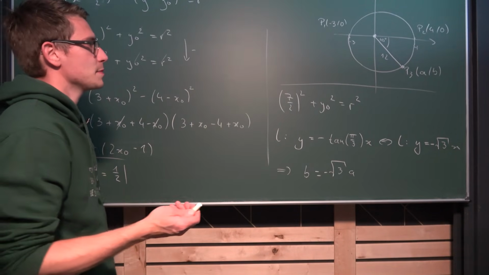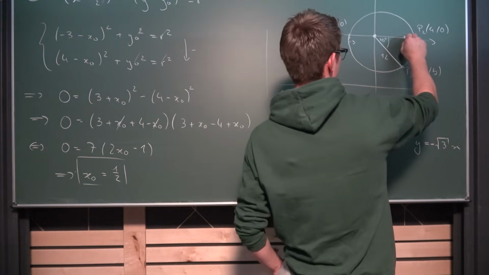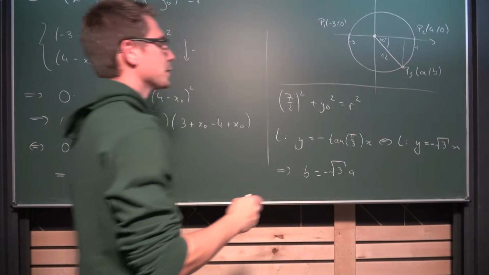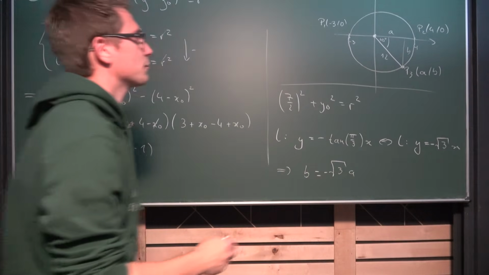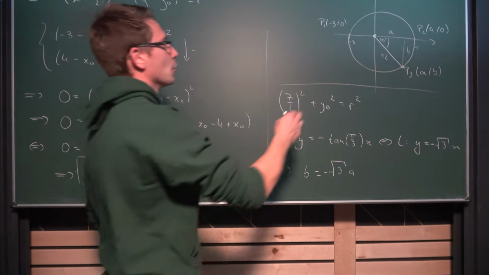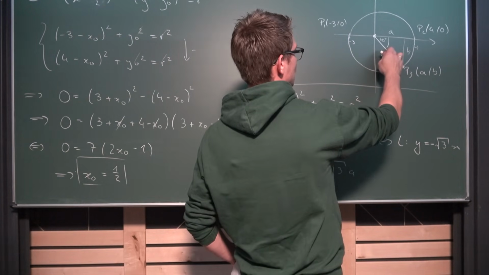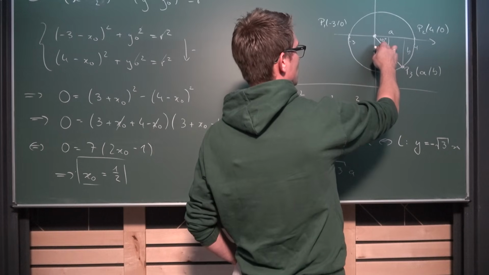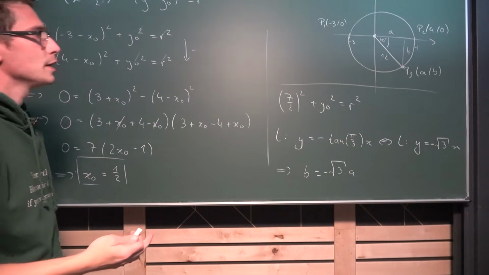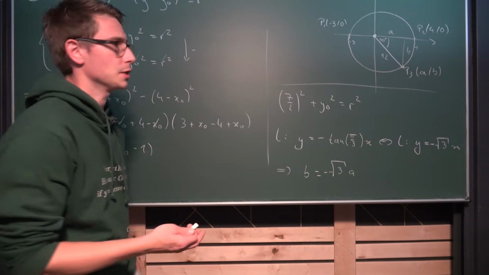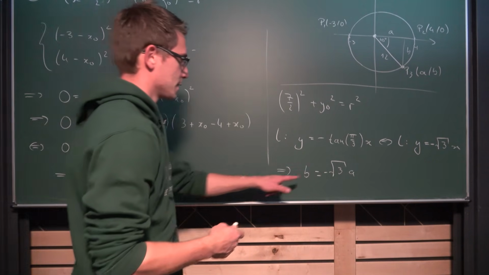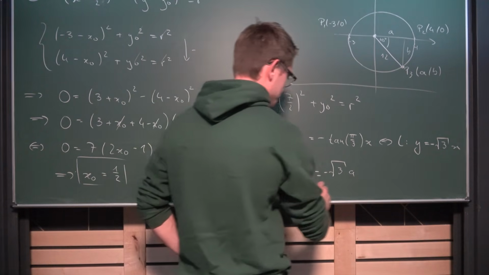Which does make sense, because if we were to also do a right triangle projection in here with a and b here, then we would have, obviously, that the tangent of 60 degrees is the square root of 3, is equal to b divided by a. Yeah, exactly. So that does check out. Okay.